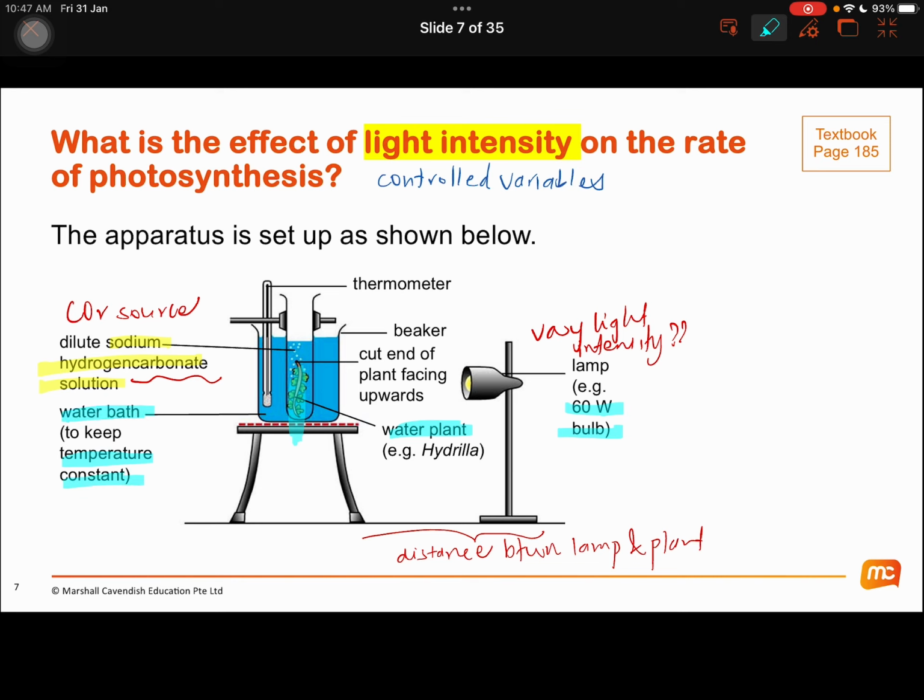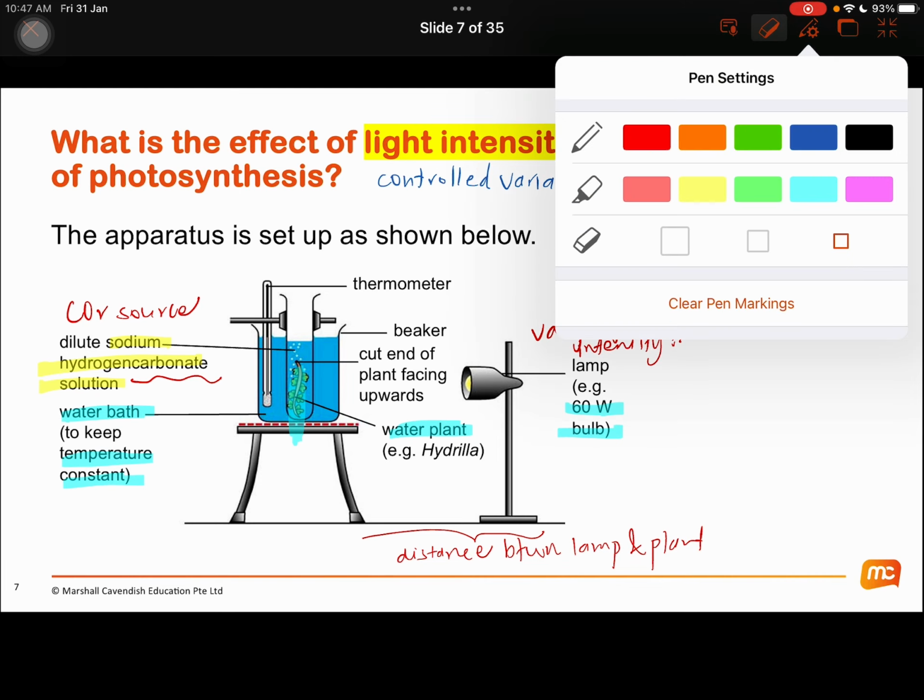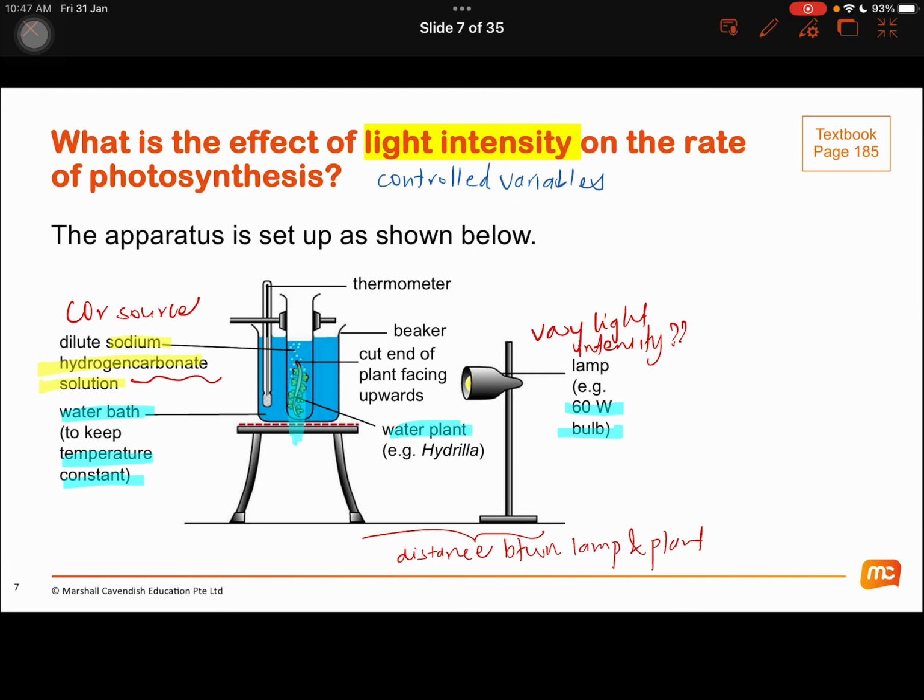Now in the lab, we don't use the traditional method of controlling the water bath by monitoring the thermometer. We use an electronic one, we use an electronic water bath instead.